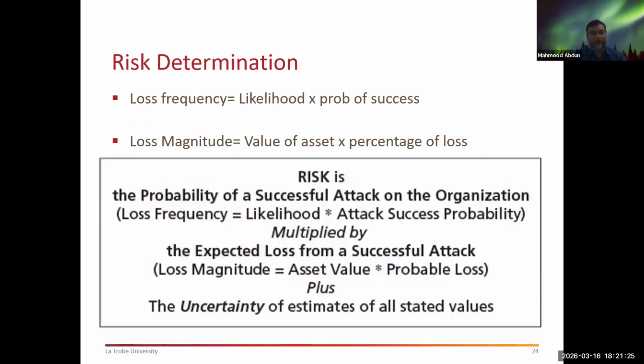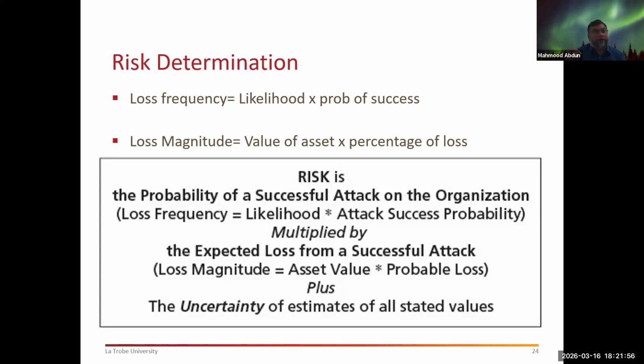Okay, so here is a way of risk determination. You calculate loss frequency as the likelihood of the event times the probability of success. The loss magnitude is, given the original value of the asset, what is the exposure factor? How much of your asset would be lost in value, right? So let's say you have a web page, and the web page earns you some money, right? So it has a value associated, let's say $1 million.